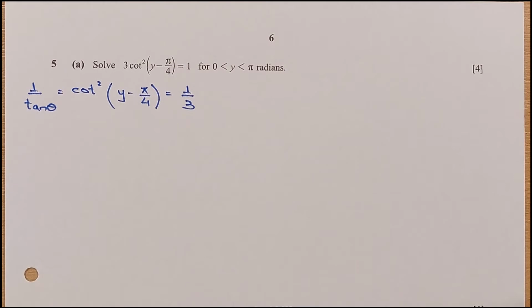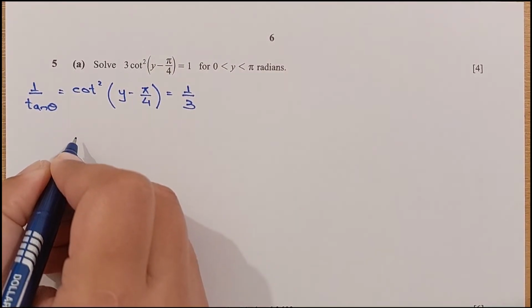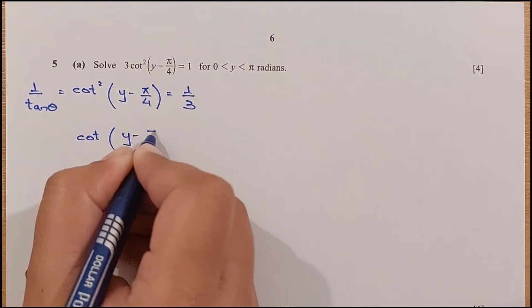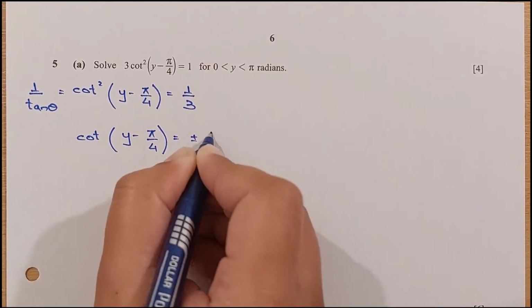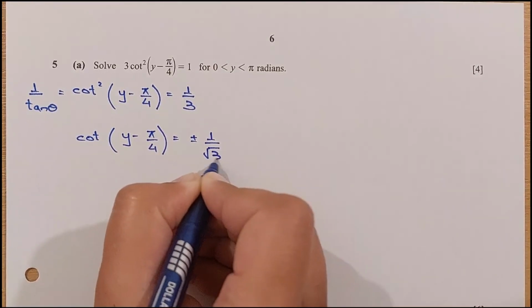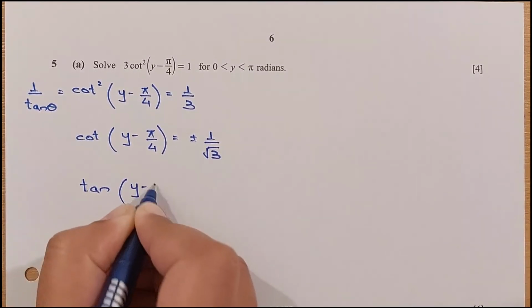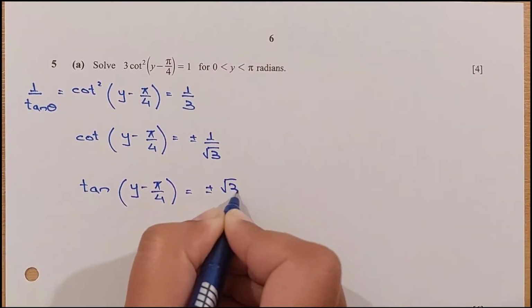So taking a square root on both sides, we can say cot of y minus pi by 4 equals plus minus 1 over square root of 3, and taking the reciprocal of both sides, tan of y minus pi by 4 equals plus minus square root of 3.